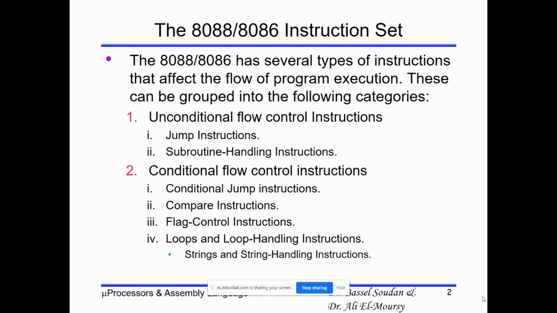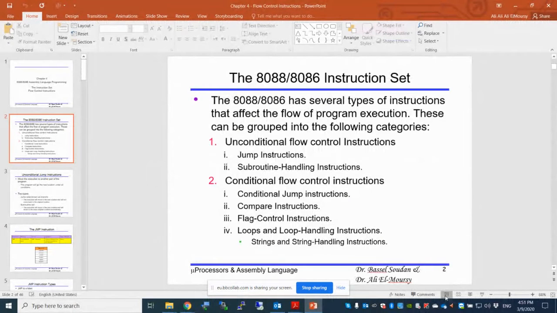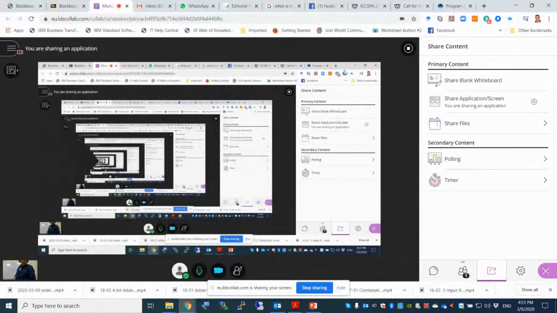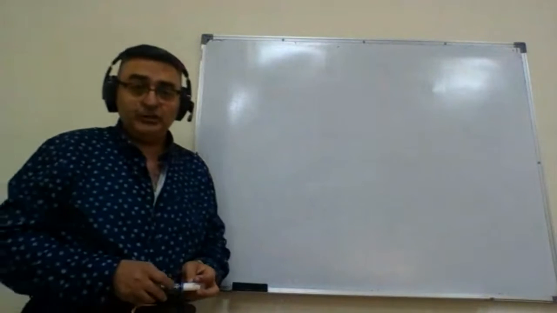We will discuss in this category instructions for jumping and instructions for what is called the call and return from subroutines. We will be switching between the slides and the on-screen board while we are demonstrating the concepts of this chapter.